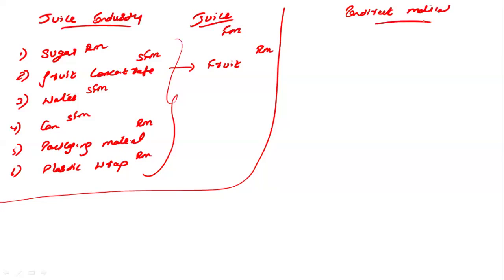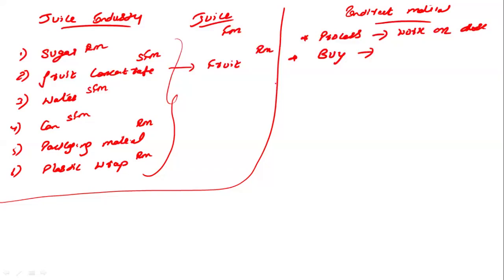What are indirect materials? Indirect materials are nothing but the materials which are used for processing. You can work on those. You will buy the material, but you will not sell it. Like consumables. Indirect materials are nothing but your consumables. You will be buying those, using those, and getting the finished product.